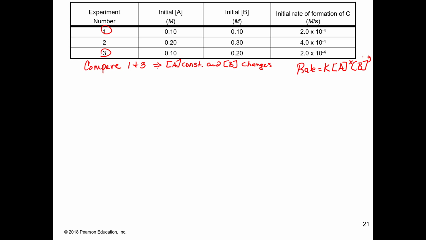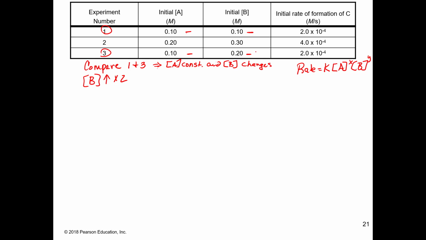And so when I look at this, A stays the same. The concentration of B goes up times 2, right? Because I'm looking at these 2, it went from 0.1 to 0.2, so that's a times 2 change for B in experiments 1 and 3.